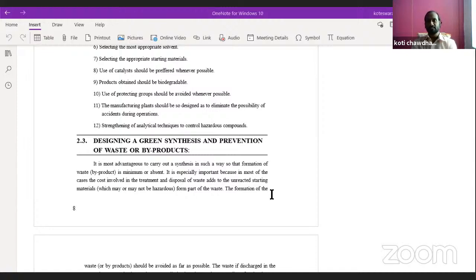Due to that, we can save energy and time, and we can also monitor the formation of hazardous products along with our required products. Therefore, to improve all these things, we need to develop new analytical techniques. Those analytical techniques are helpful to control all the hazards which are produced along with the product.